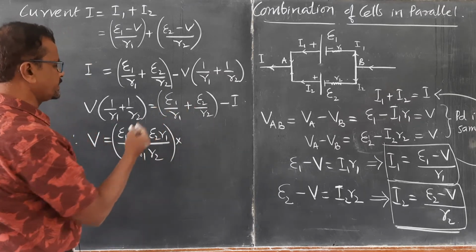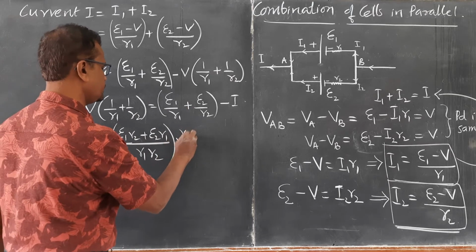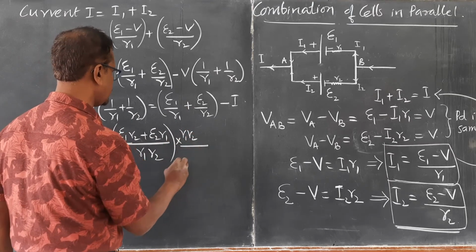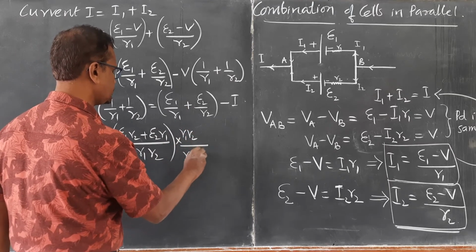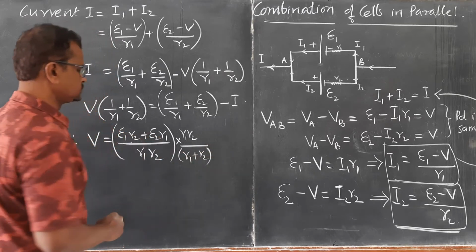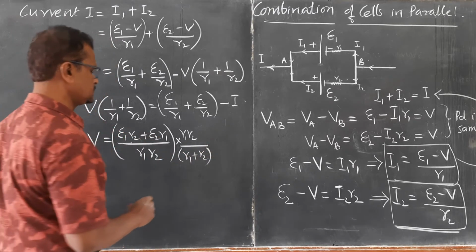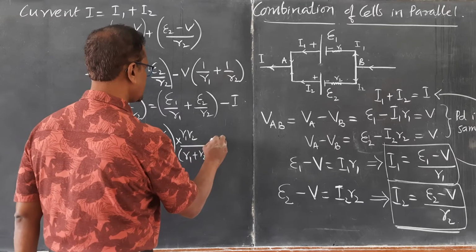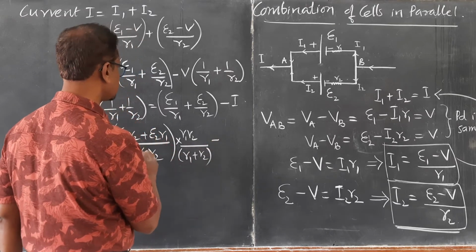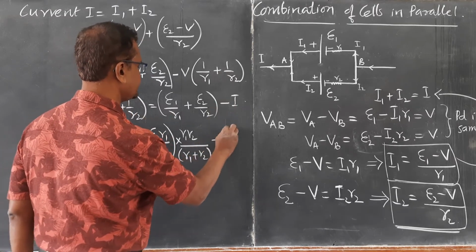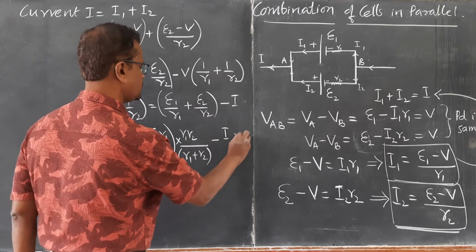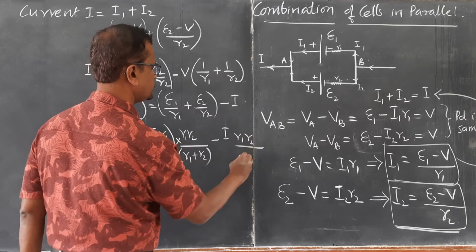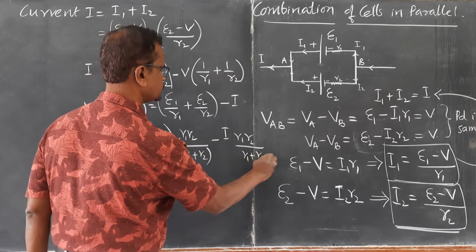If you take it to the right hand side, then R1 R2 comes to the numerator, R1 R2 divided by R1 plus R2, minus I into R1 R2 divided by R1 plus R2.